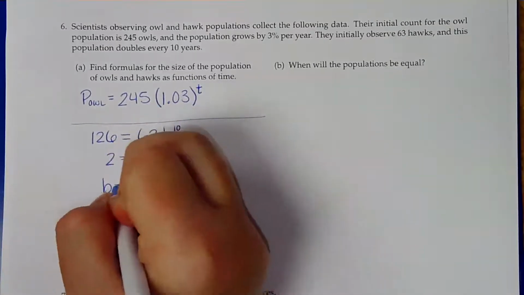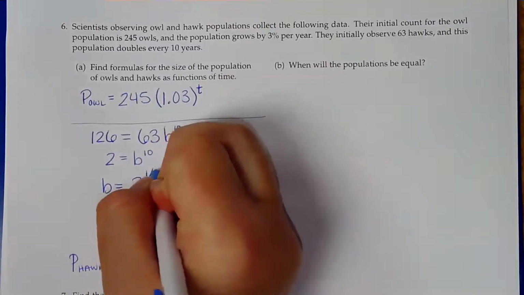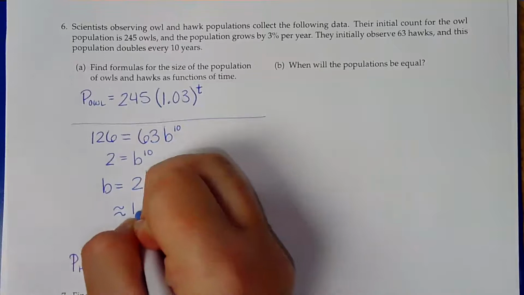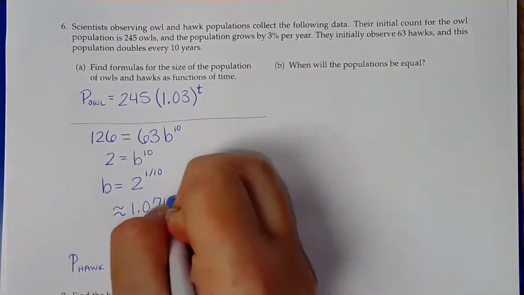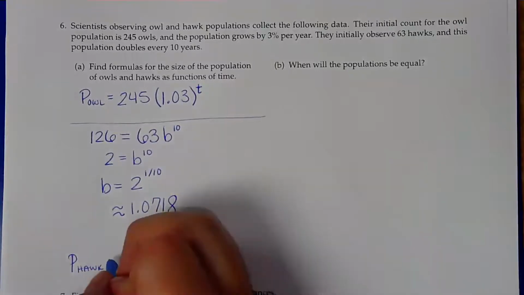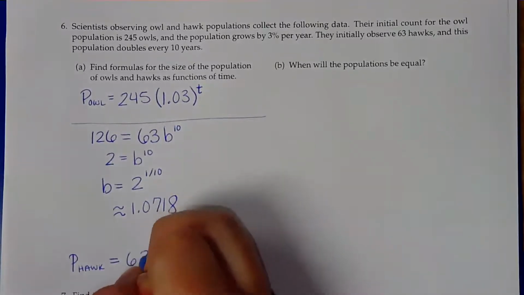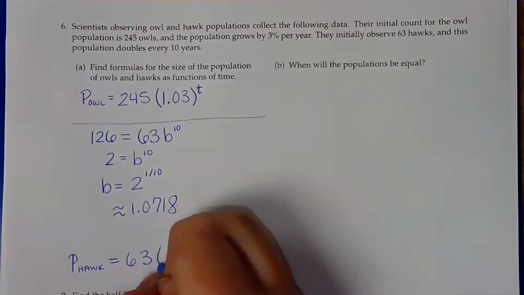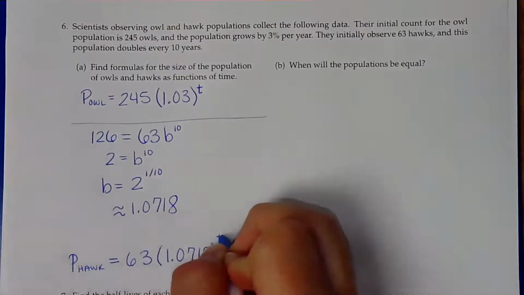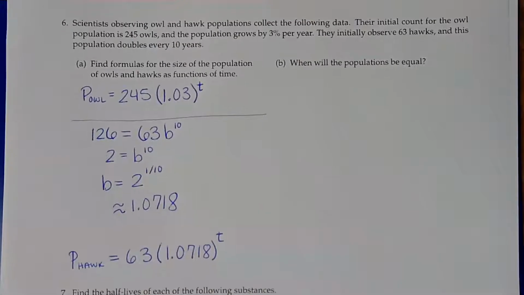So b is going to be 2 to the 1/10th power, which is approximately 1.0718. So that means the population for the hawks formula is going to be 63, which is our starting population, times 1.0718 to the t.